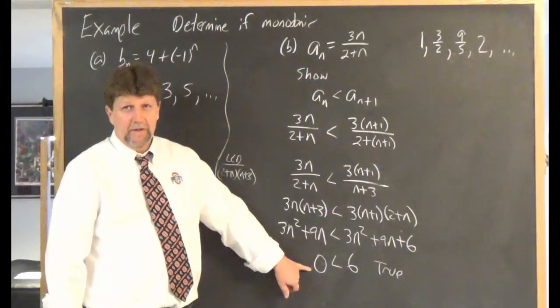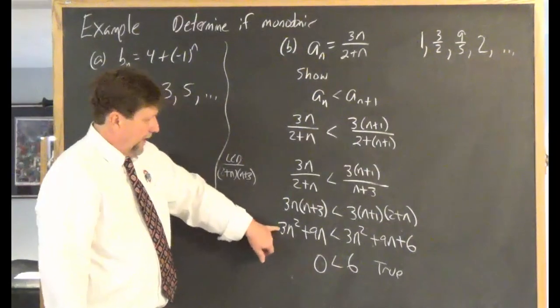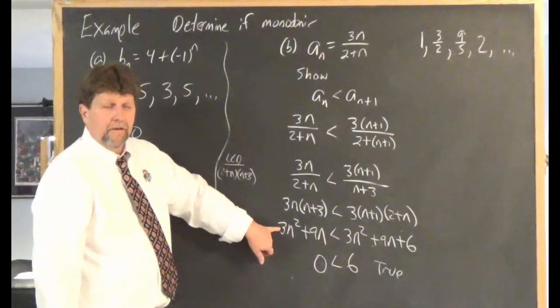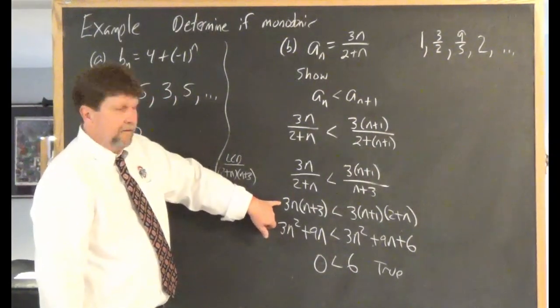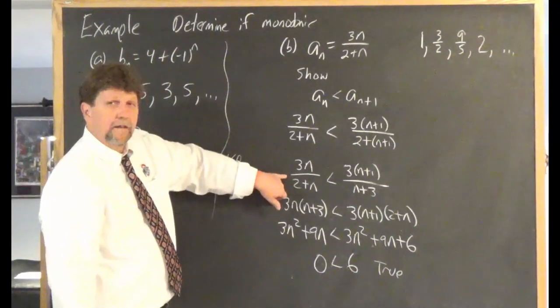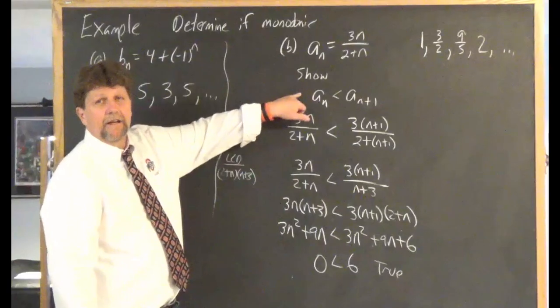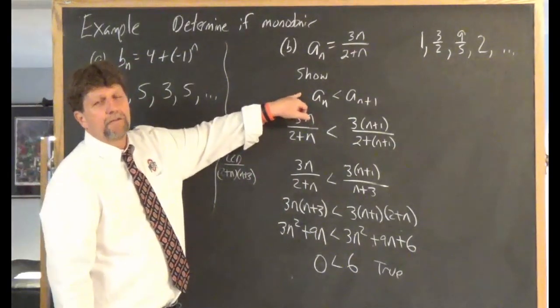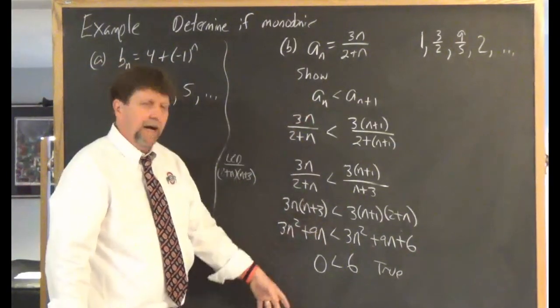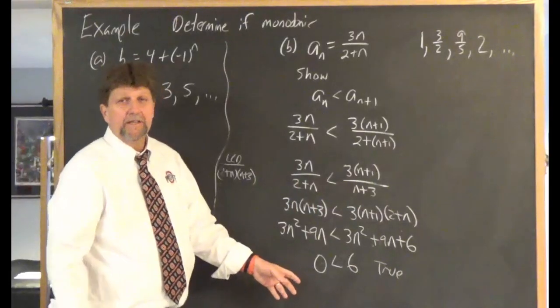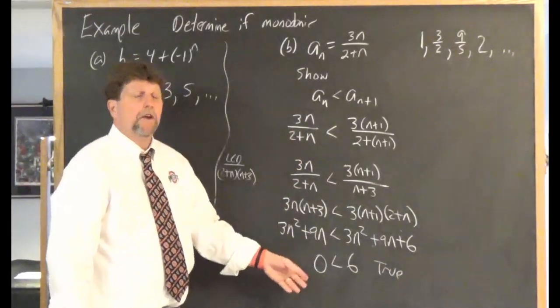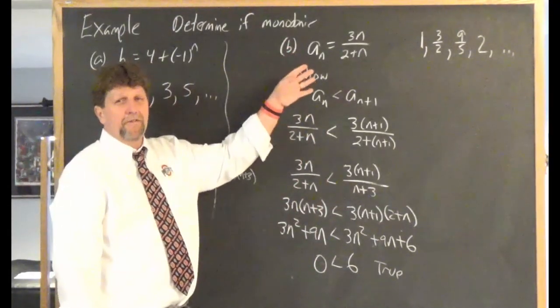No one's going to argue with that. Then you would write this line down, then this line, and then this line. So you'd have to write everything in reverse. But I'm happy with this because I know if you can do this, you could write everything down in reverse.